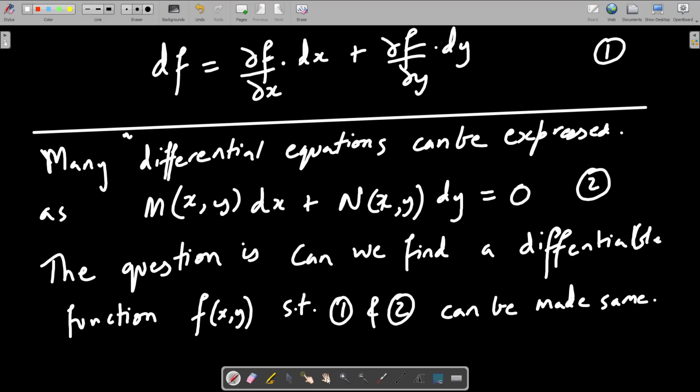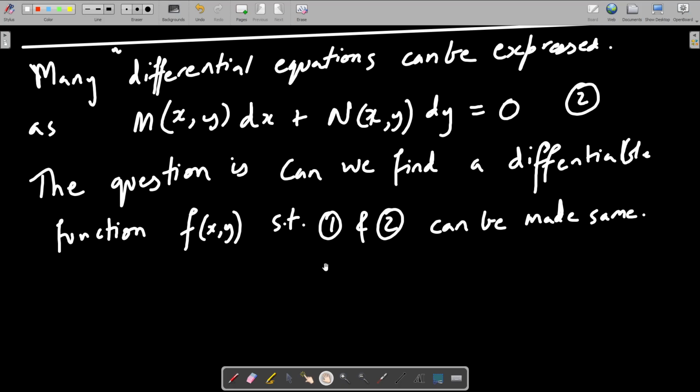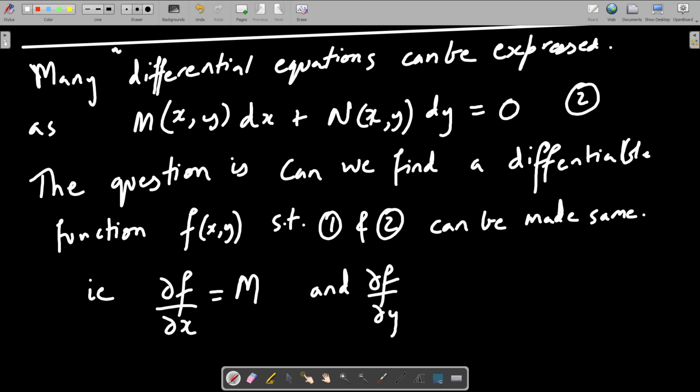Basically what I'm asking is, if this happens, that means dou f by dou x should be made equal to M, and dou f by dou y should be made equal to N. I won't write this x, y later on, I'll just call it capital M, capital N now.